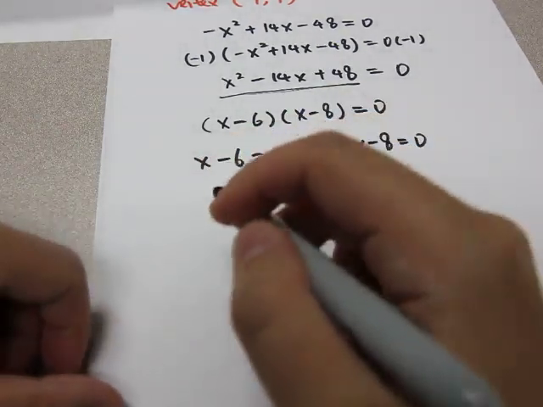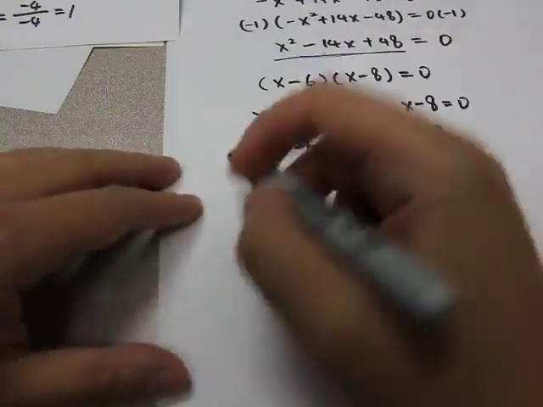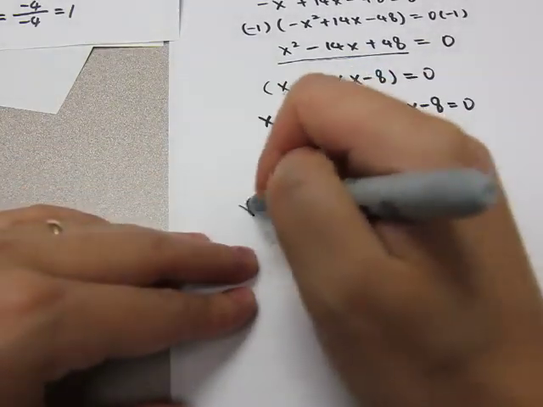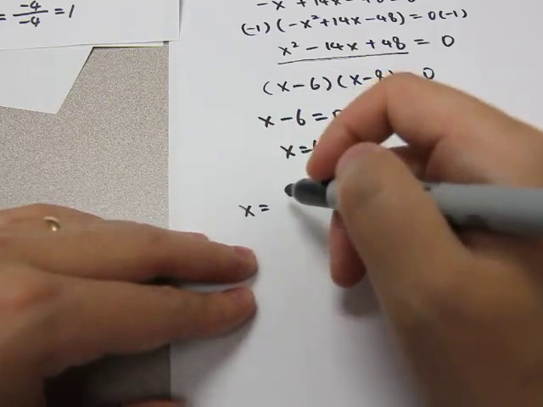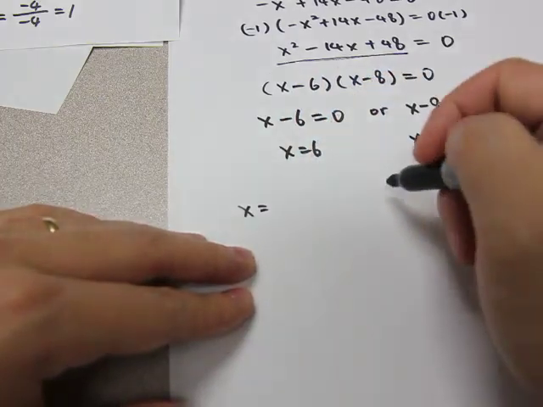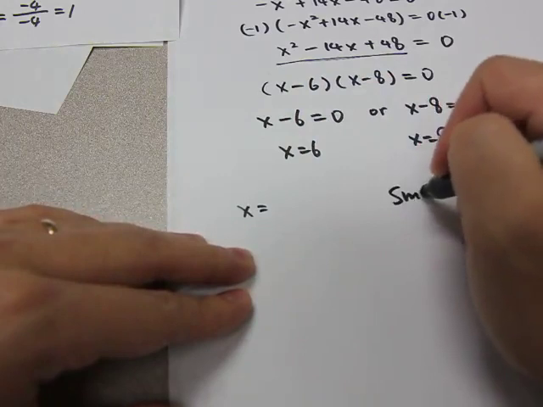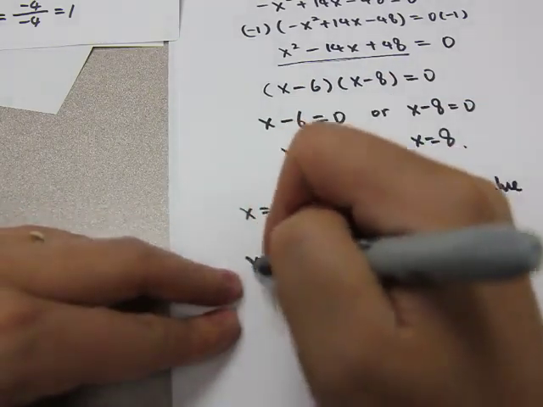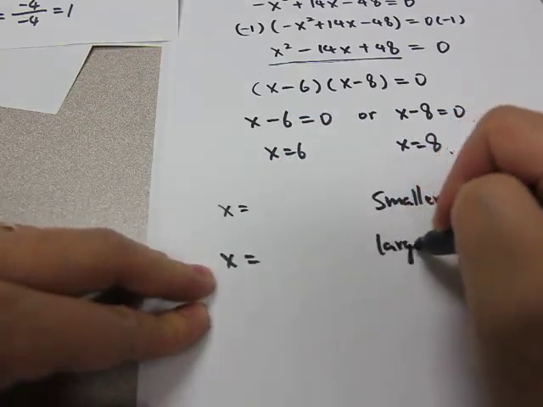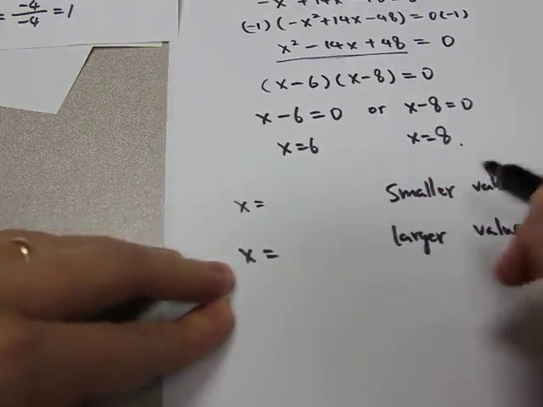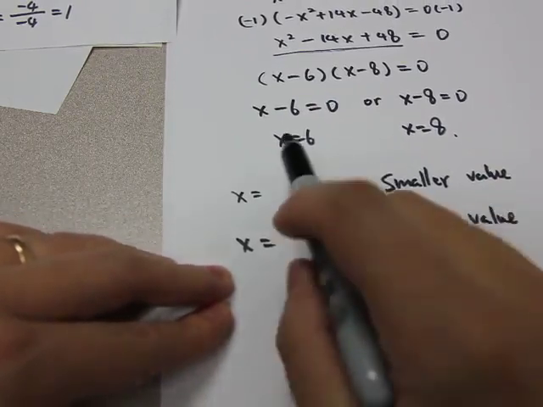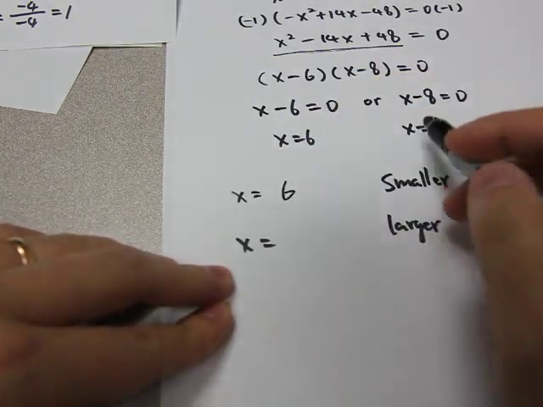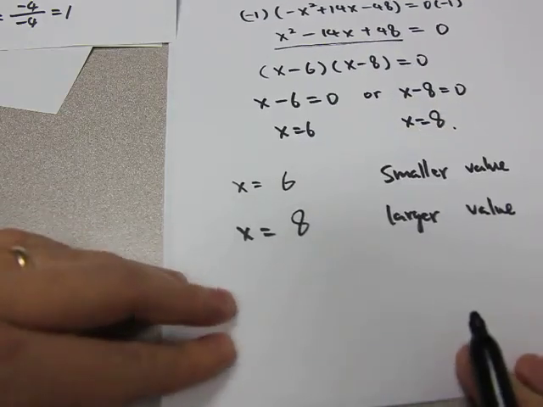Now, on Webwork, when you put your answer, it will remind you to put a smaller value and then a larger value. So in this example, because 6 is less than 8, we put 6 here and we put 8 here. Okay.